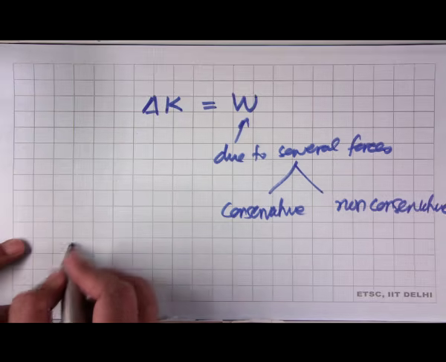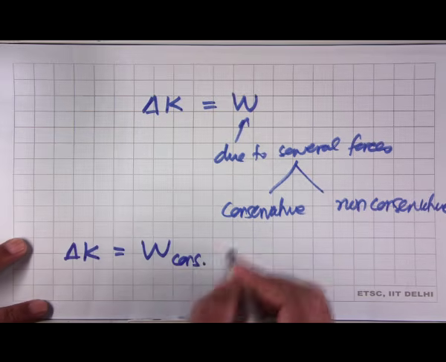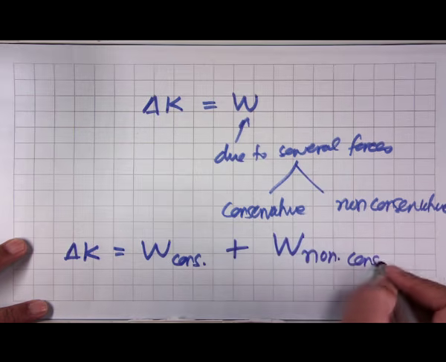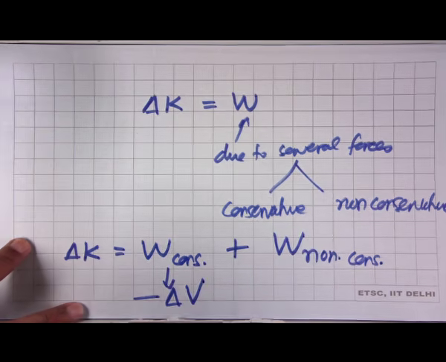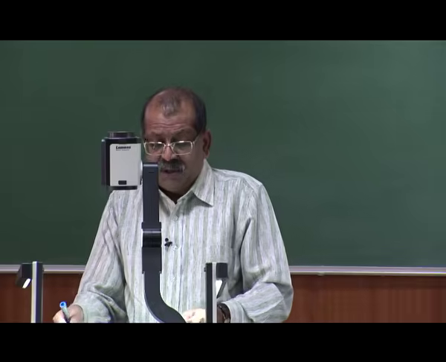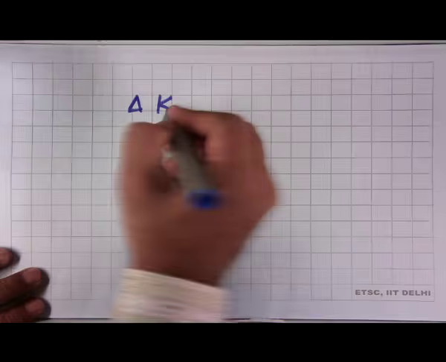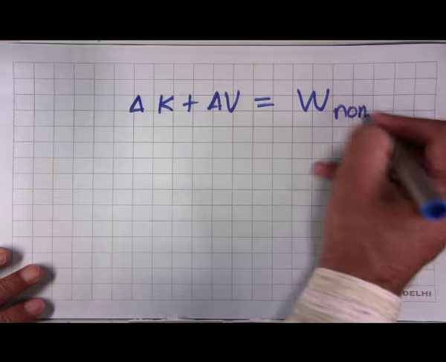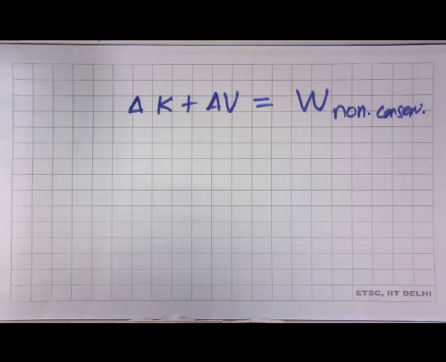So, what we can say is change in kinetic energy will be work done by conservative forces plus work done by non-conservative forces. Now, the work done by conservative forces, we can write as change in potential energy corresponding to each of these forces. So, this term can be taken on the other side, then what we get is delta K plus delta V will be equal to work done by non-conservative forces.